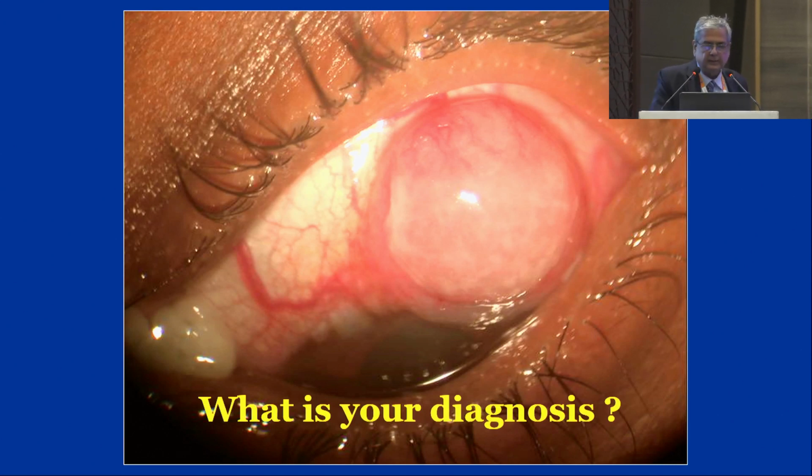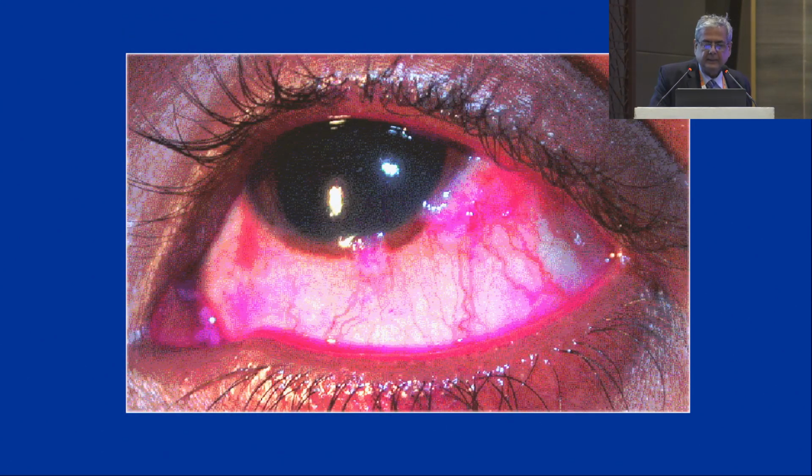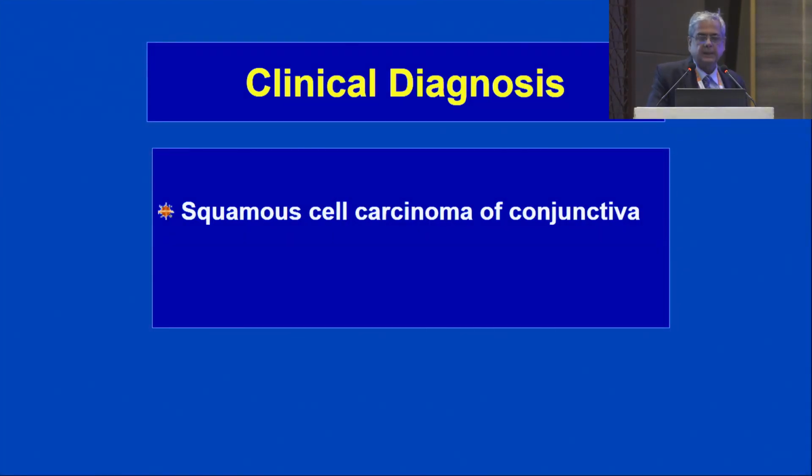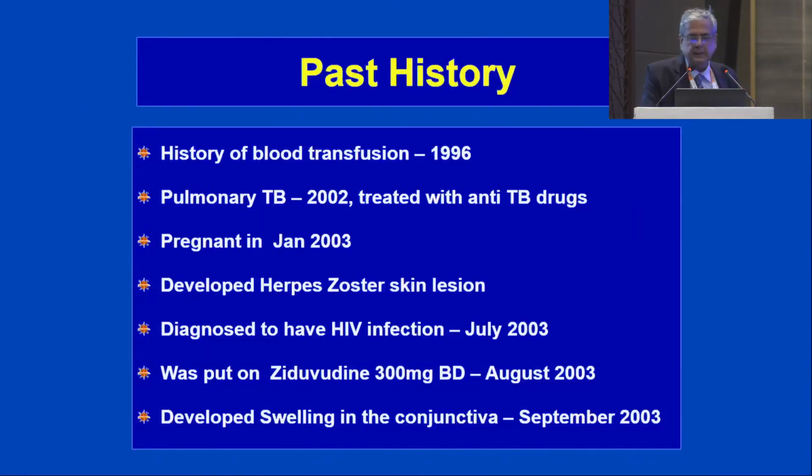What is your diagnosis? There is a small lesion on the temporal part of the bulbar conjunctiva also. Squamous cell carcinoma of the conjunctiva was the clinical diagnosis. He had a history of HIV infection and was treated for pulmonary TB, and anti-HIV drugs were given.